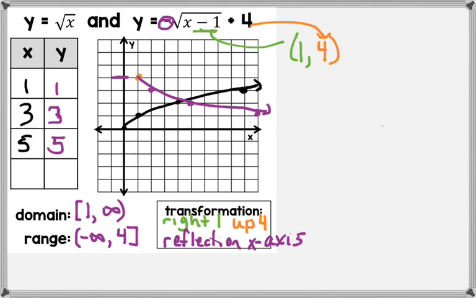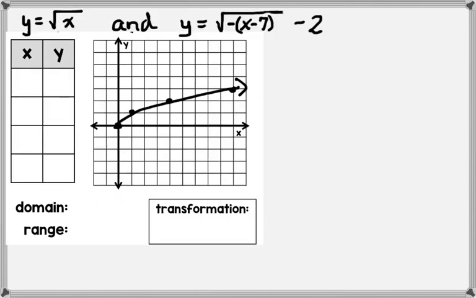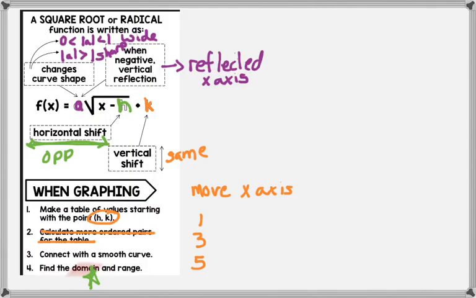One more, and I know this is not in your paper, but go ahead and sketch this one out. We have the same parent function, but we have another reflection. And so let's go ahead and go back to the front page. I realize I didn't give you this example.